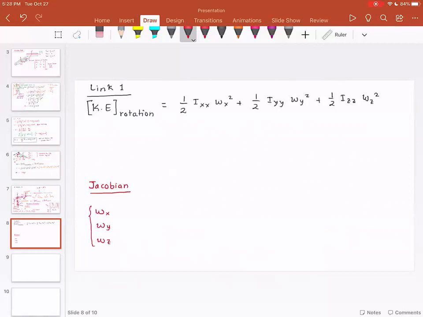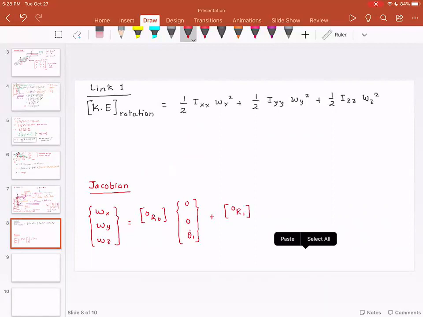I'm going to duplicate that relationship here. 0r0 times 0, 0, theta 1 dot, plus 0r1 times 0, 0, theta 2 dot. And we derived this in the notes, lecture 12.